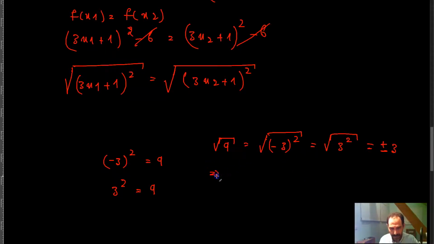That means that the square root of 9 is not just positive 3, but it's plus or minus 3.